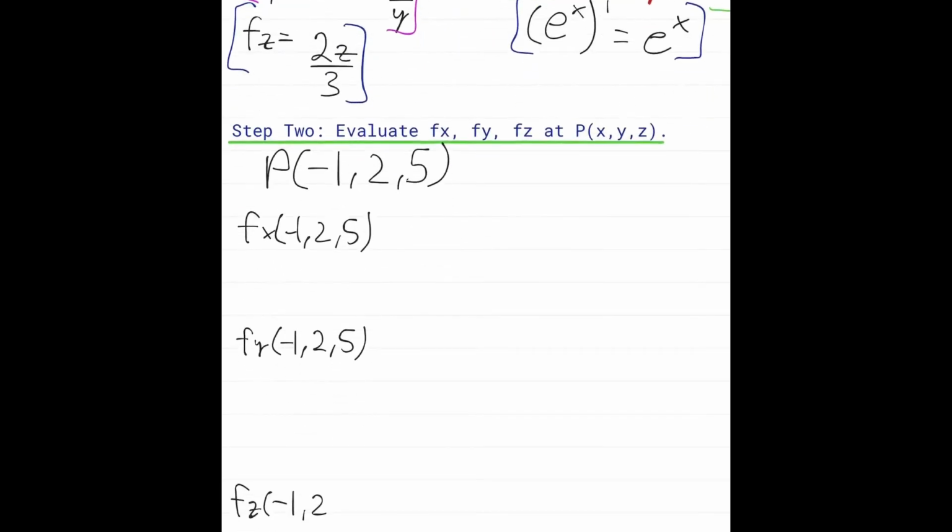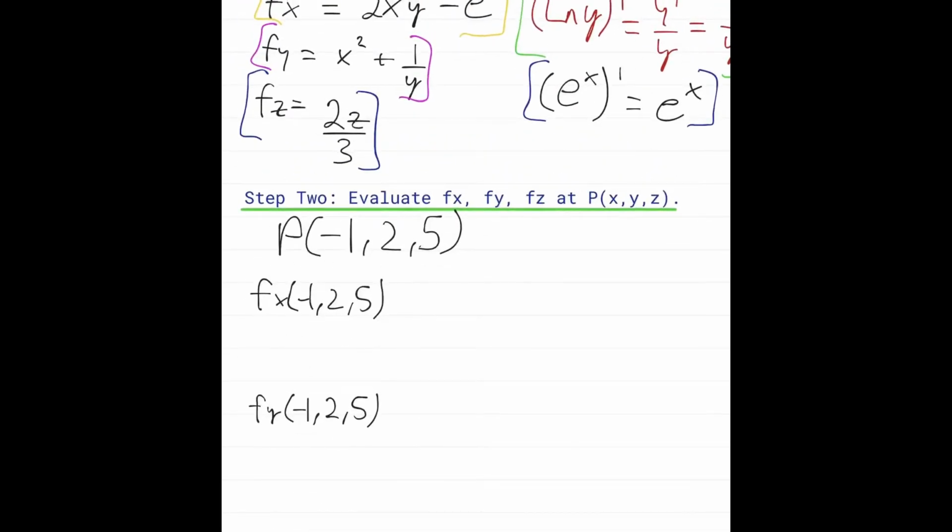Don't worry about the z, we'll get there shortly. Right now we're just going to evaluate the partial derivatives. So the partial derivative with respect to x, we got 2xy minus e to the x. Now what we do is plug in, very easy, right? Plug and chug. We plug in x where we see x, y where we see y, z where we see z.